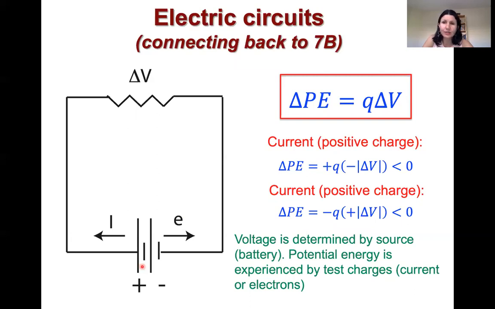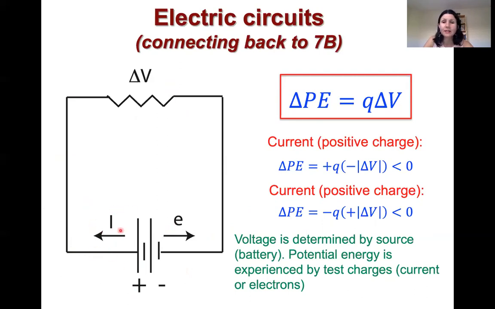What's changing its potential energy are the test charges that move through this voltage. So what are test charges? Well, there's current, which is kind of the wrong thing, but that's how we define it, as if it's positive charge moving. In reality, it's electrons or negative charge moving, but because we mostly talk about current when we talk about circuits, let's think about current first.